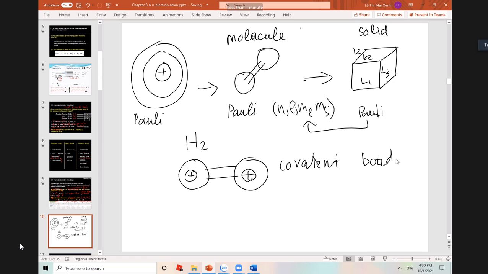So you need to remember that these electrons are in the same ground state.